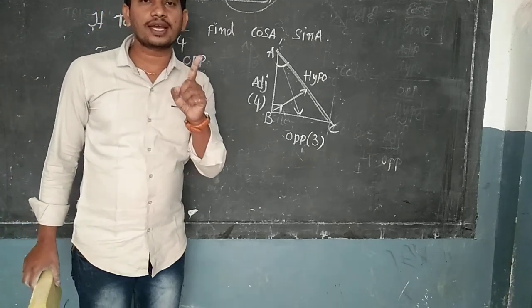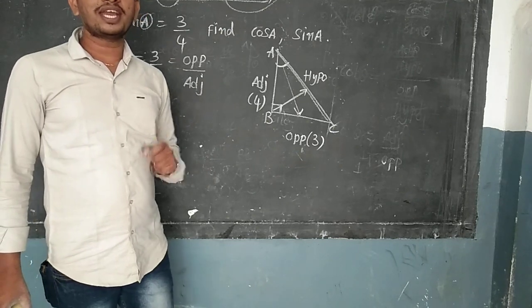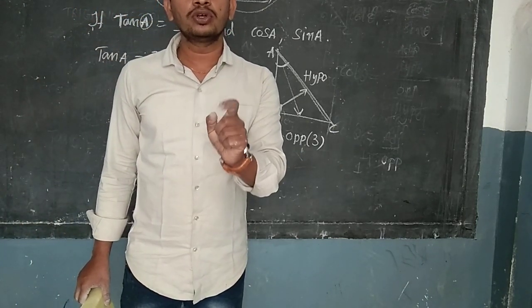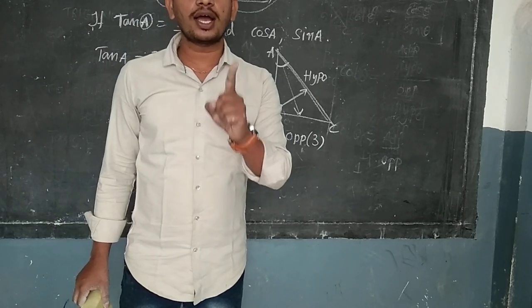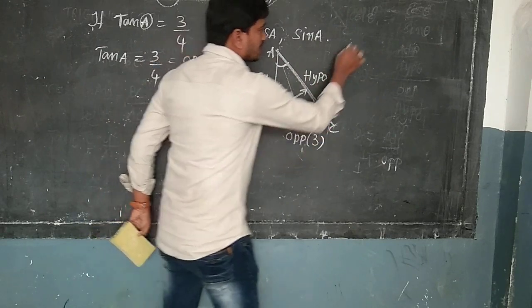Do you remember Pythagoras theorem? What is Pythagoras theorem? In a right angle triangle, the square of the hypotenuse is equal to the sum of the squares of the other 2 sides. So here the hypotenuse is AC.